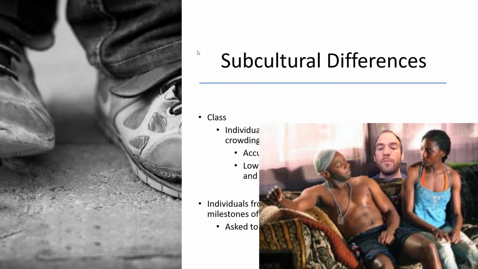And interestingly, developmental trajectories also vary within subcultures. There's not just one culture, obviously, of when expectations occur. Poor individuals growing up in lower income neighborhoods or states may have different expectations. They're less expected to go to college or earn a prestigious career.